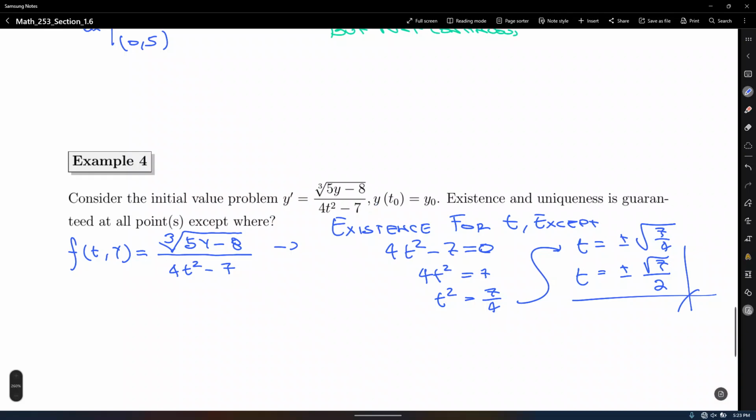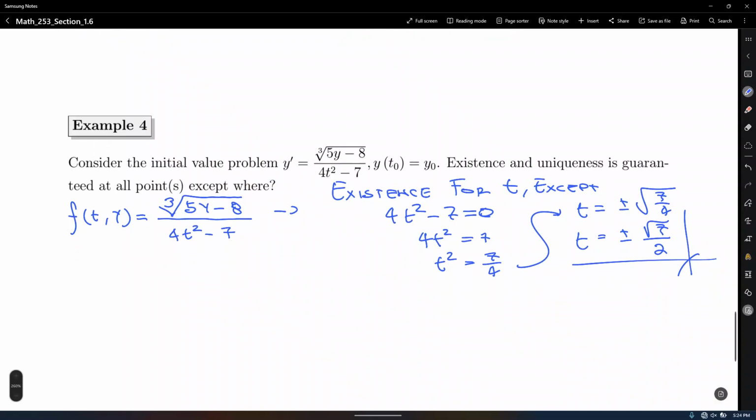However, for the remaining values, for which ones do we guarantee a unique solution? That's part two. We need to find the partial of f with respect to y. In this case, I would like to rewrite it as 5y minus 8 to the 1/3, everything divided by 4t squared minus 7.